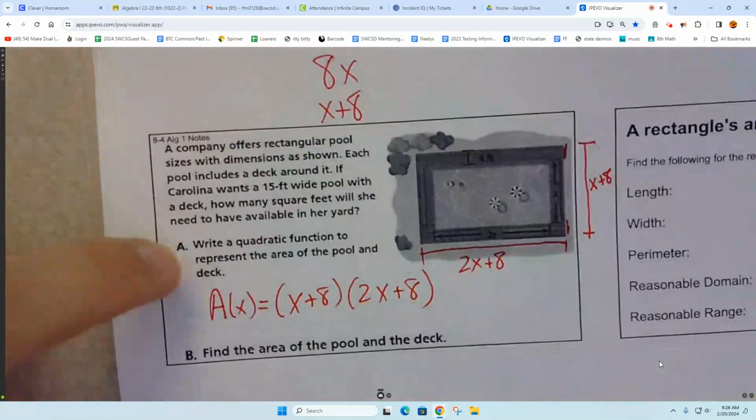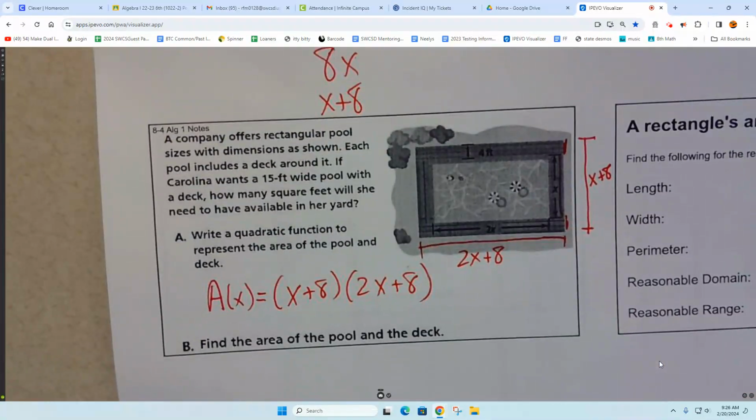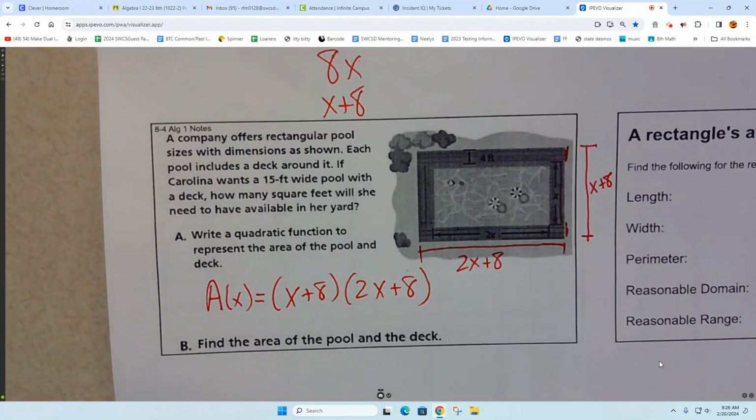And I bet you anything that you want to do what to that equation? It's not factor. So you put it in standard form or FOIL it or unfactor it. I know what you meant. Okay. But do I have to? Does it say what form you need to write this in? No. Here's the thing about this.